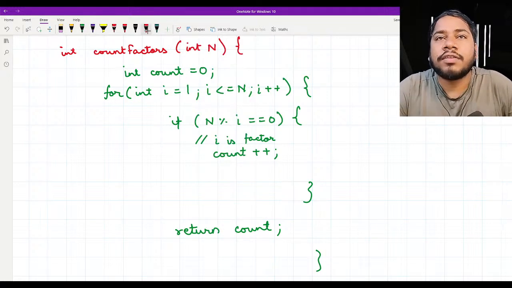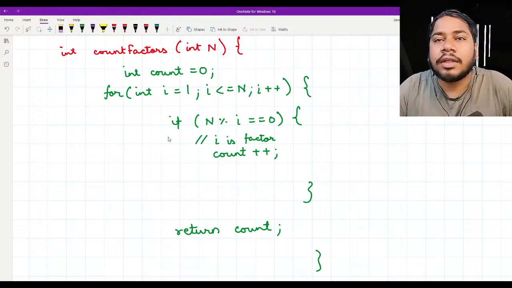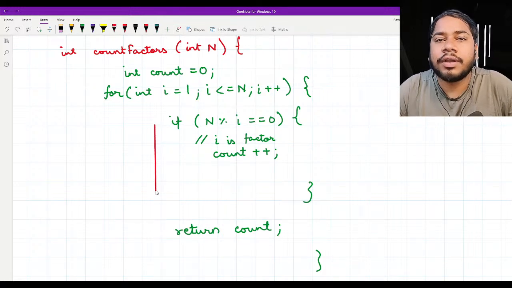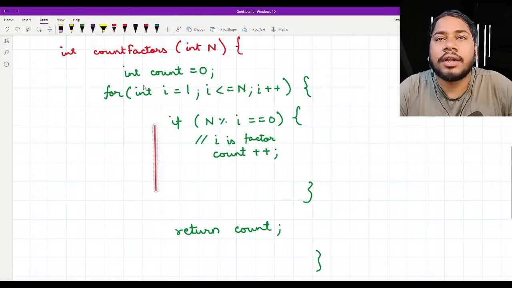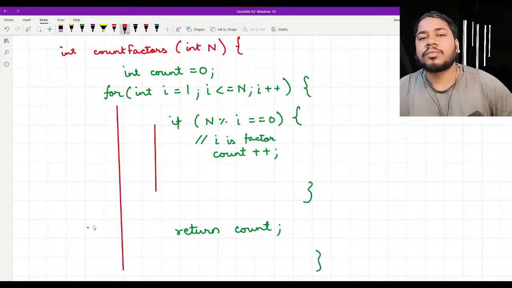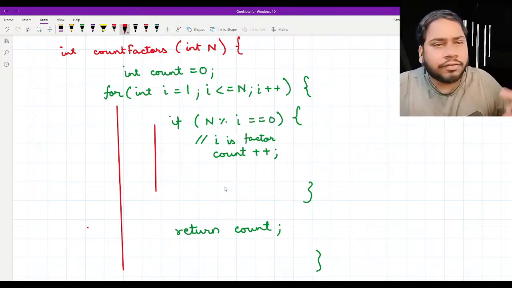As you can see, this if is running from here to here, and this for loop is running from here to here. So in this way, we will get the count.